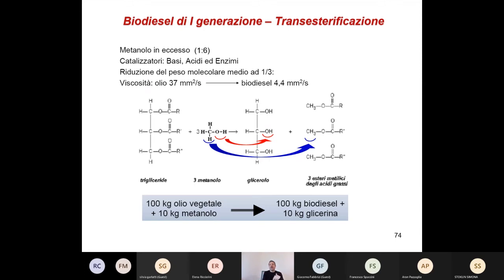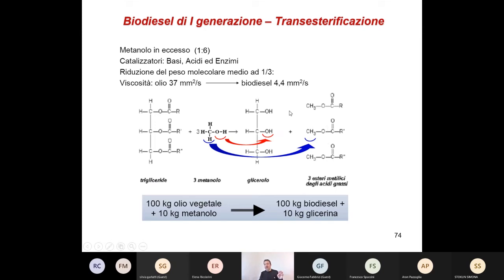And it means a very high viscosity, or I can say in a simple way, a high density of oil. Of course, vegetable oil has a high density, high viscosity. When you obtain biodiesel, whose hydrocarbon chain has, as I said, 15, 16 atoms of carbon, of course the viscosity is lower. It's a very important parameter for use in engines.